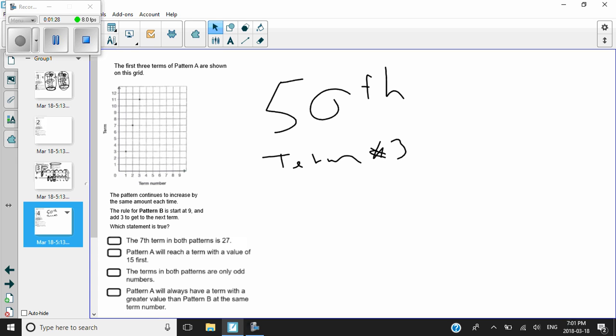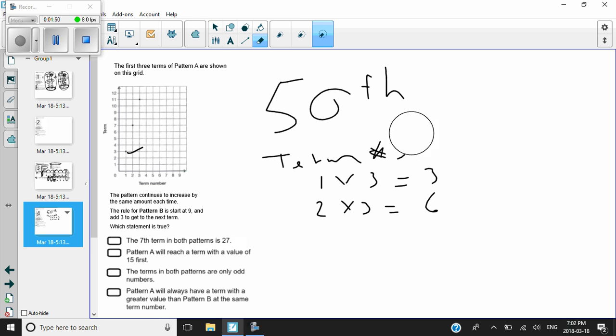So that means term number 1 times 3 equals 3. Well, that works for the first one, check. Now position number 2 times 3 equals 6. Does that work? No, it doesn't work. So we need to come up with another solution or another pattern because that pattern doesn't work.